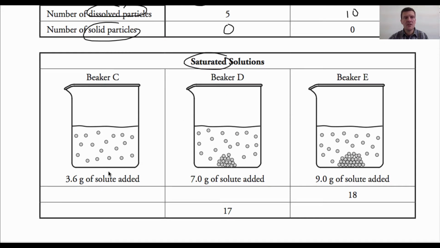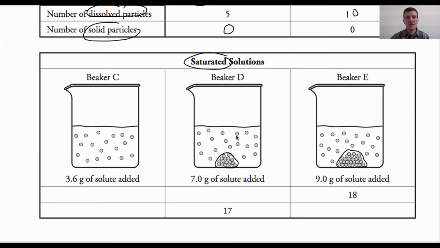These are saturated. Here we have C, D, and E, and we are told they're saturated. For D and E, it's pretty obvious that they're saturated, meaning that you've got solid particles down here at the bottom of the container that no longer can be dissolved in our solvent.